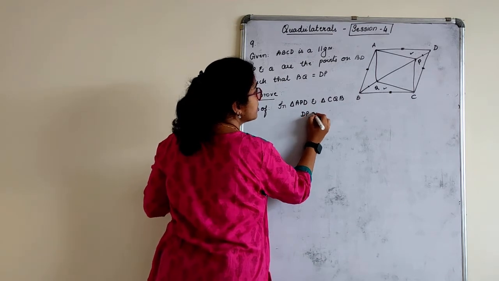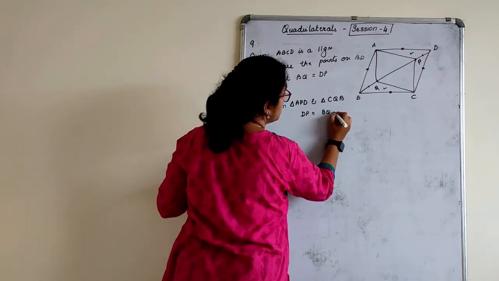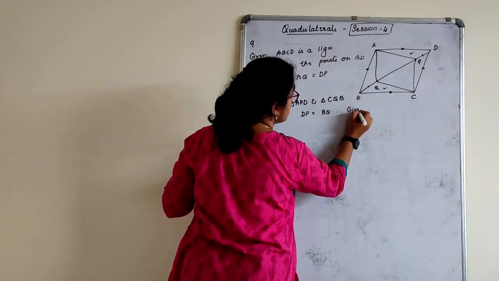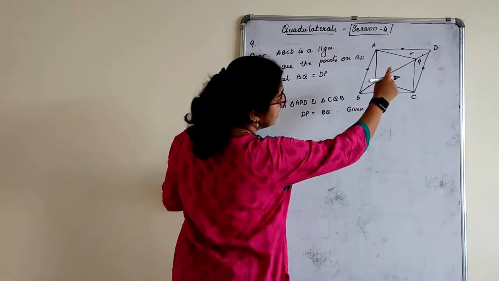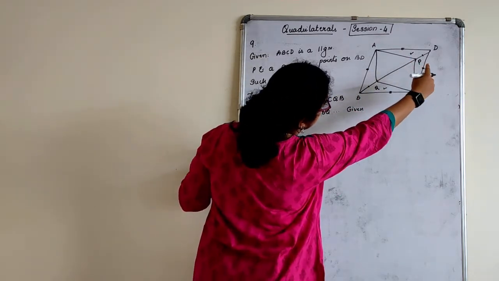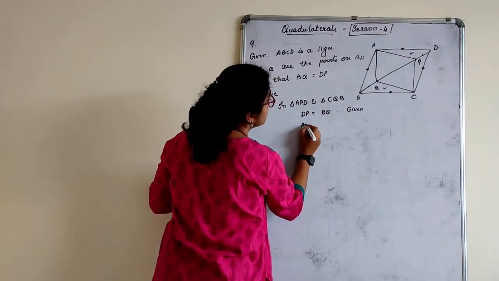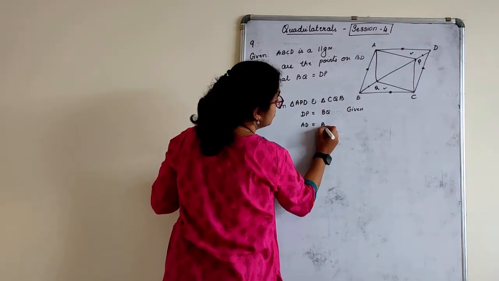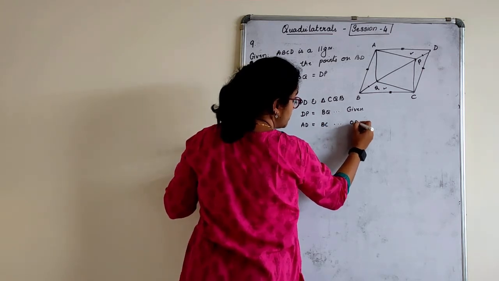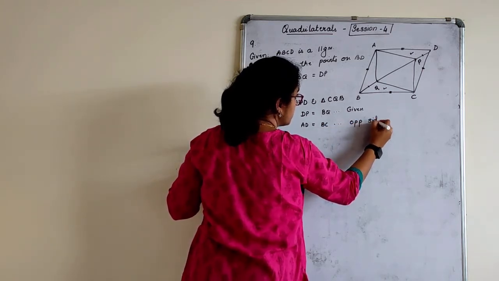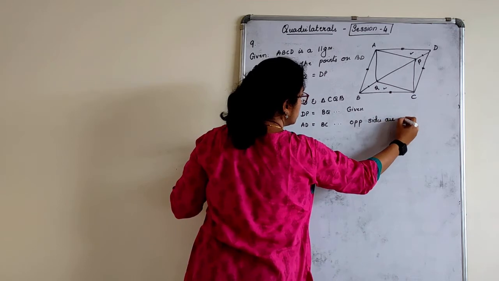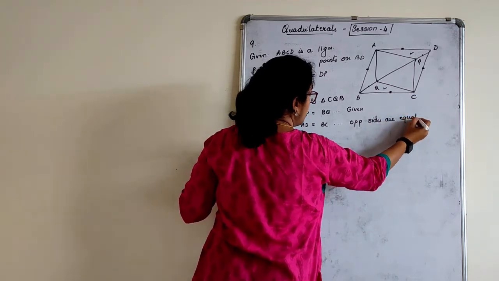BP is equal to BQ, given. Then can I tell here AD is equal to BC, opposite sides are equal. Two sides are already over.